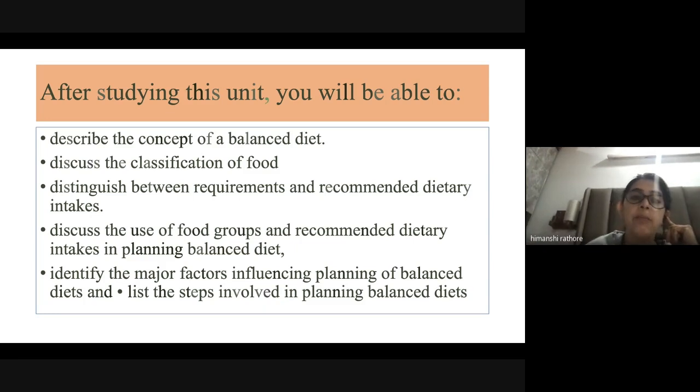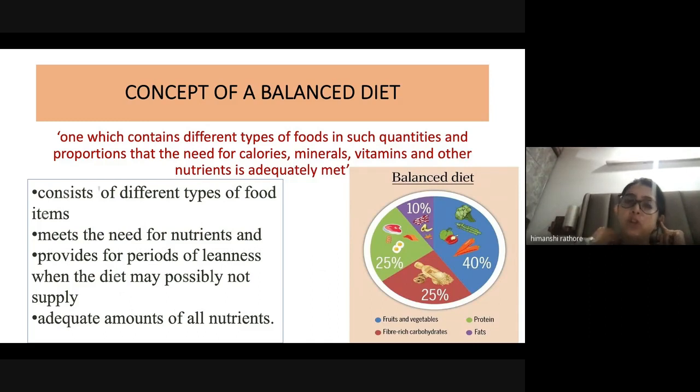So quickly we are moving to the first slide of this unit. There I have shown you what a balanced diet is. A balanced diet is nothing but a diet where different types of foods are added in such quantities and in such proportions that they adequately meet the requirement of a man or a woman.